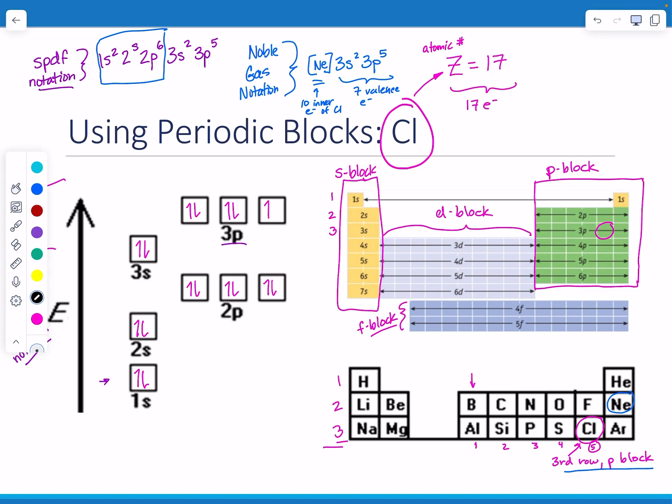Third row, this is... okay, so... you are going to use... so first of all, what's your element?